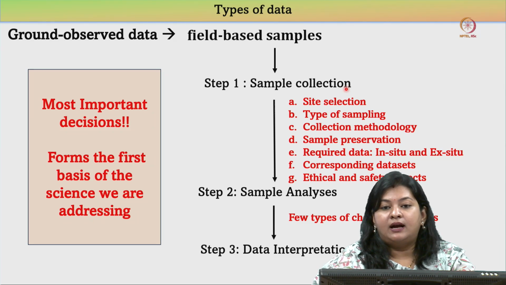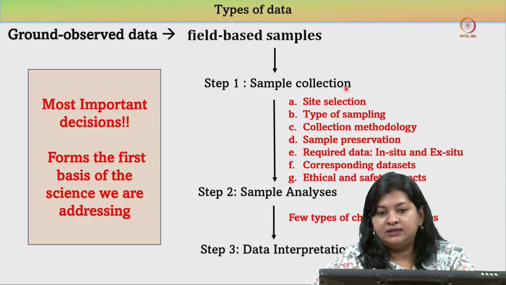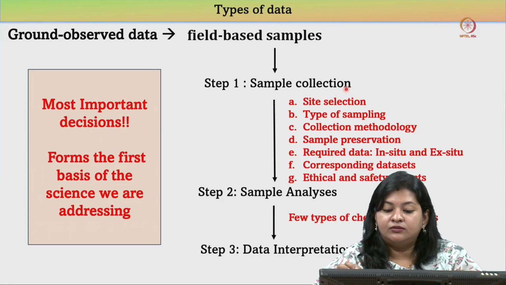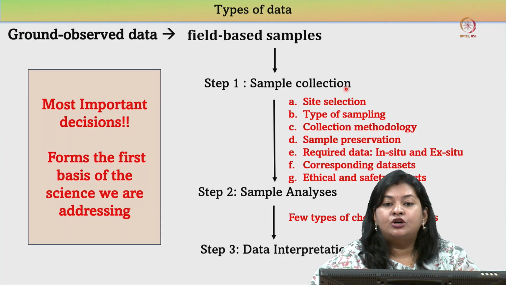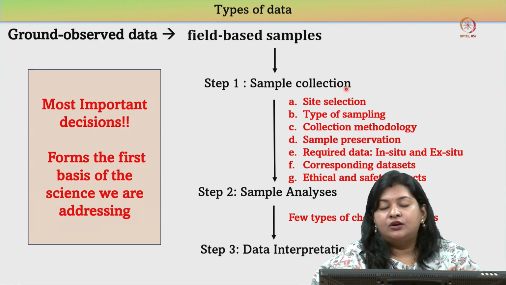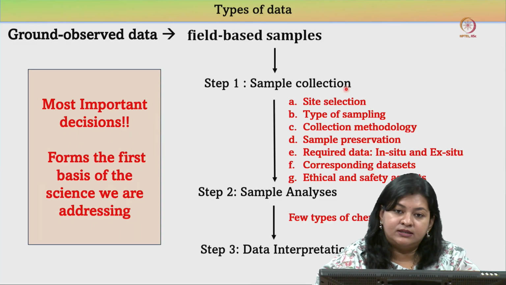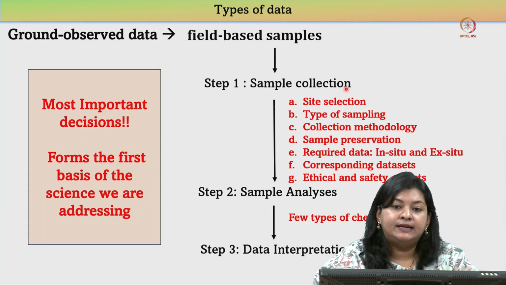Other required data can be in situ data and ex situ data, which are simply the data sets that we need to add more information, and without that information it becomes incomplete. To have the entire picture we need to have these other data as well.